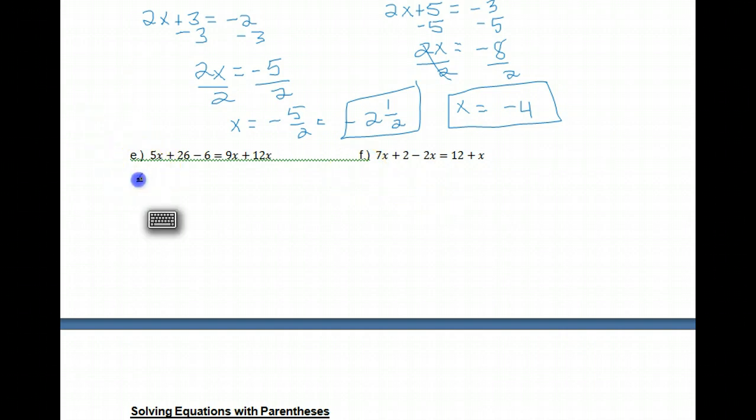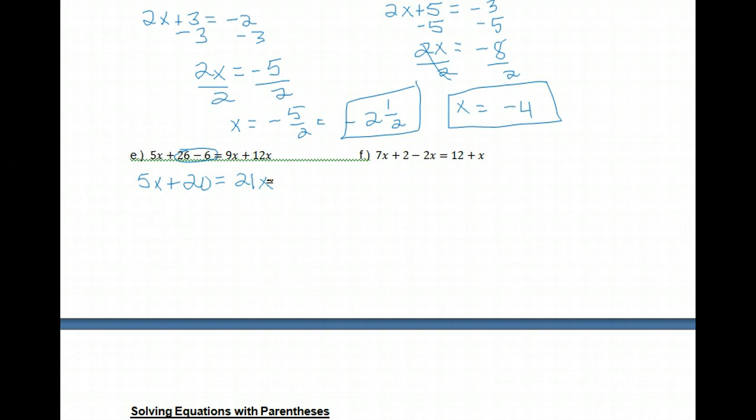So we have 5x to bring down, and 26 minus 6 makes 20. So I'm going to bring down a positive 20. Bring down my equal sign, and on the right-hand side, 9x and 12x are like terms, so they can be combined. 9x plus 12x makes 21x.